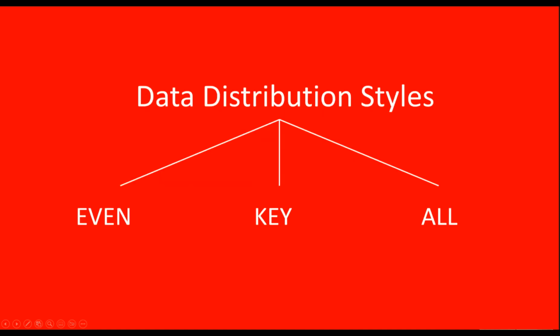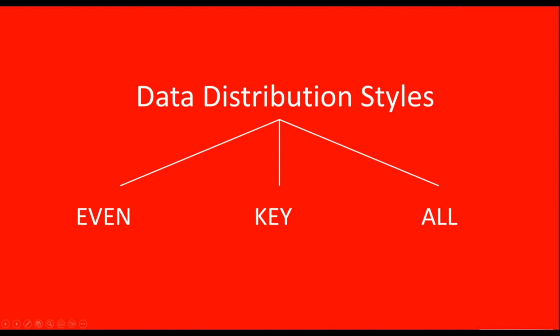Data distribution styles. Rows in a Redshift database are distributed across the compute nodes. Now, how the data is distributed depends on the distribution style. So there's even distribution, key distribution, and all distribution.